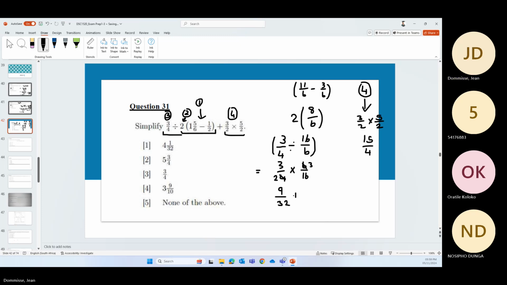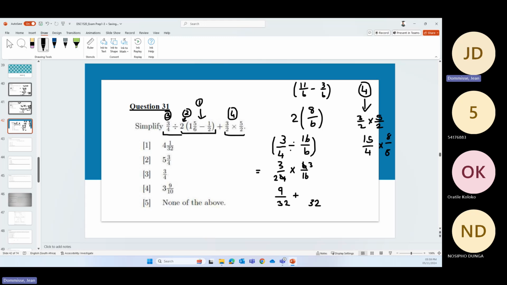So we basically need to add 9/32 plus 15/4. But again, here I've got 32, there I've got 4. So I rather want everything to be on 32. So how do I do that? 4 times 8 will give me the 32. But what I do at the bottom, I will need to do at the top.